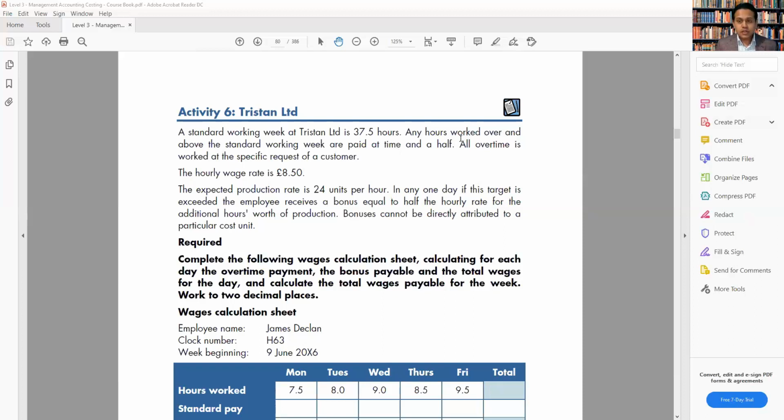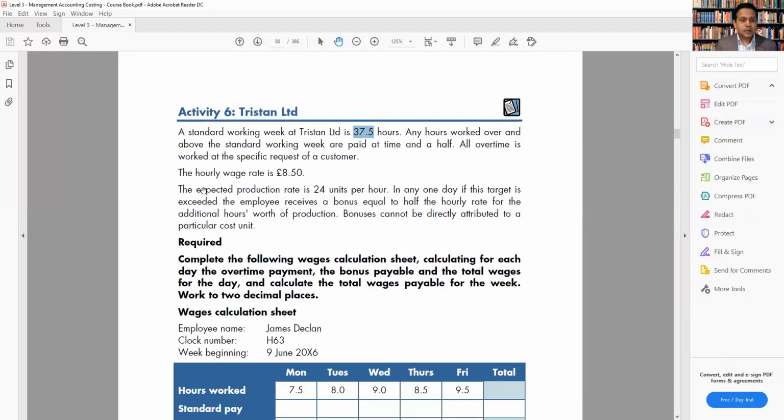Any hours worked above the standard working hours will be considered overtime, and that payment will be time and a half. So if someone works more than 37.5 hours in the week, that is overtime, and the overtime rate will be time and a half.